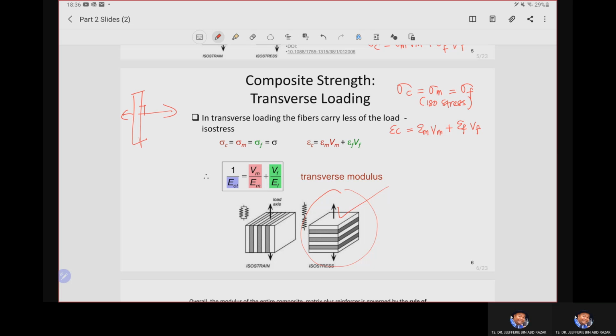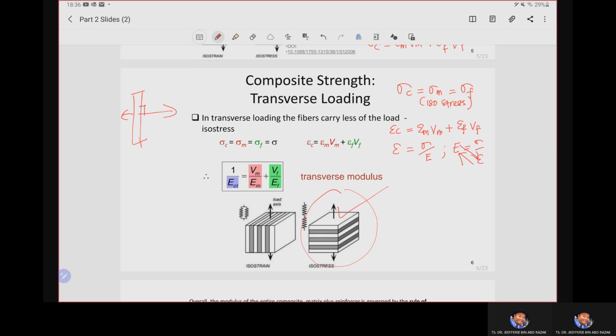But because epsilon is equal to sigma divided by the modulus, from this equation, modulus equals sigma over epsilon, all right?